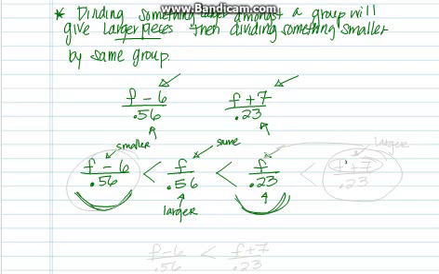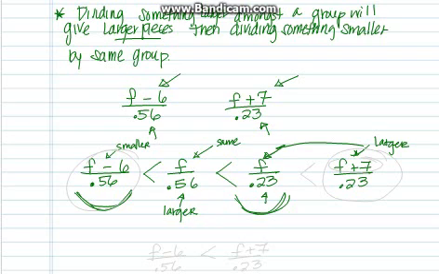So then I do my last comparison, f plus 7 over 23 hundredths. Now here f and f plus 7 are different while our denominators are matching. So I'm going to say, okay, f plus 7 is larger than just f.